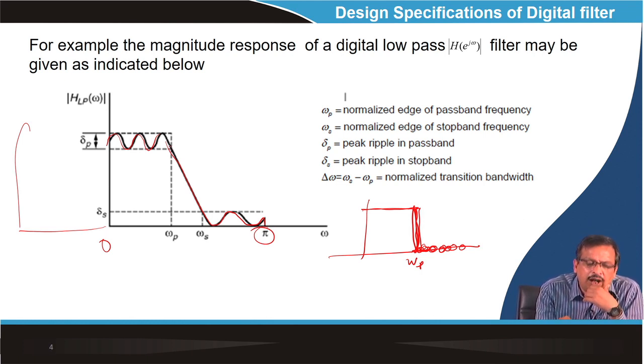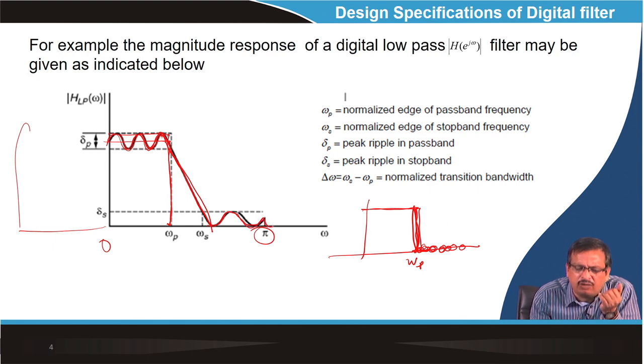This is my omega p, and let's say omega p is 1 here. The dotted line is the ideal filter that I want, but I have implemented the solid black line filter. That means there is some variation here, and instead of a sharp transition, there will be a gradual transition, and there will be some variation here also.